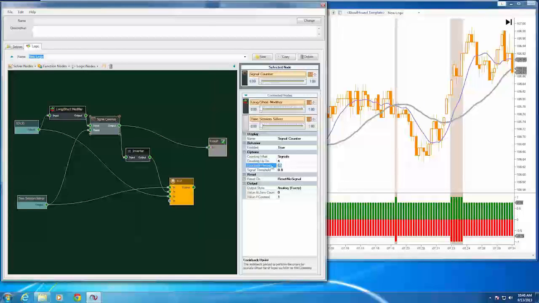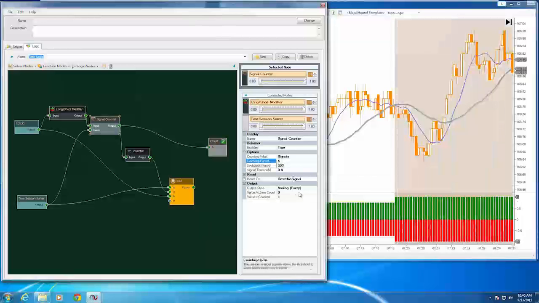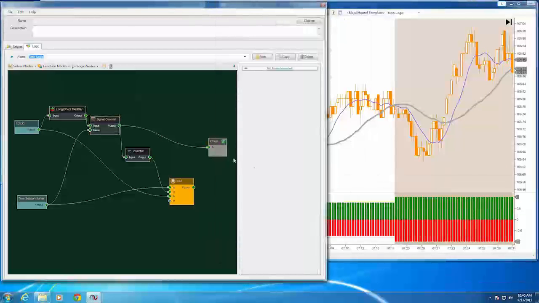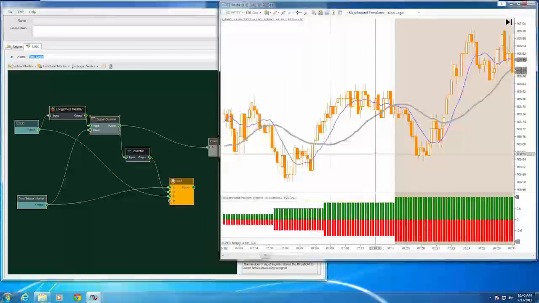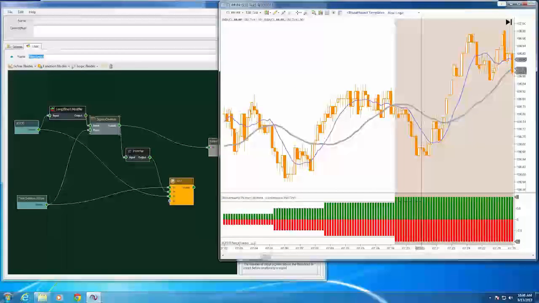Like I said, 750 is perhaps too much, but we want to pick a number that's safe. We want the first 3 signals, but we want to make sure we capture all of them. The signals could be more than 75 bars apart, so that's why I'm going to pop up to 300.